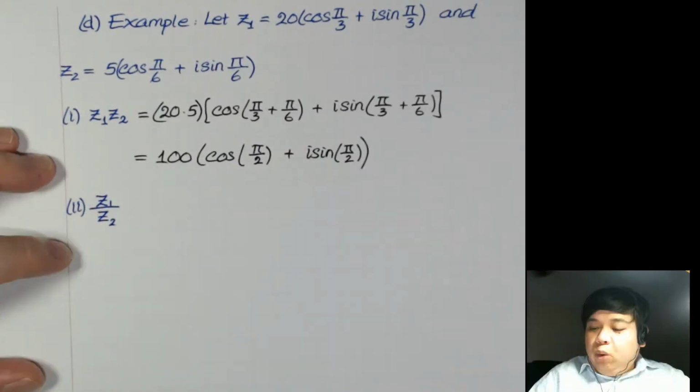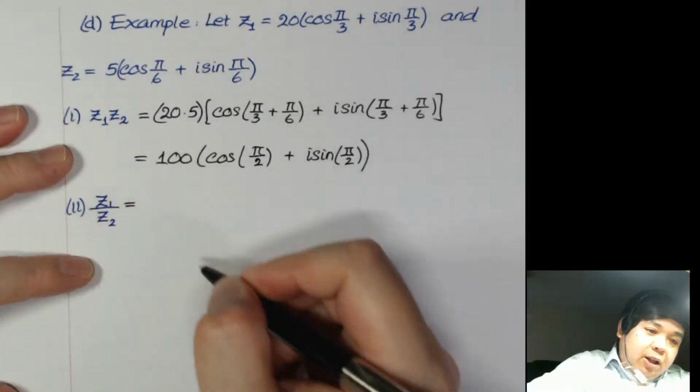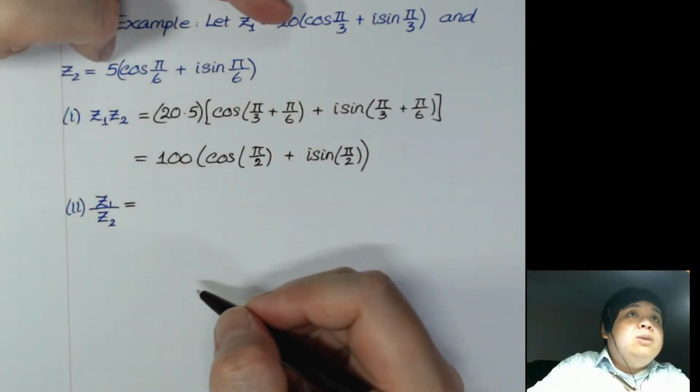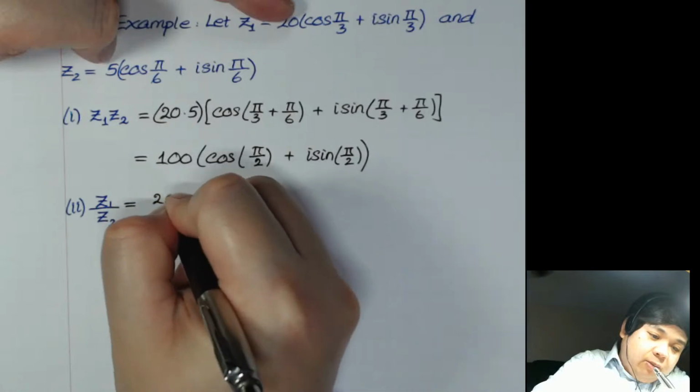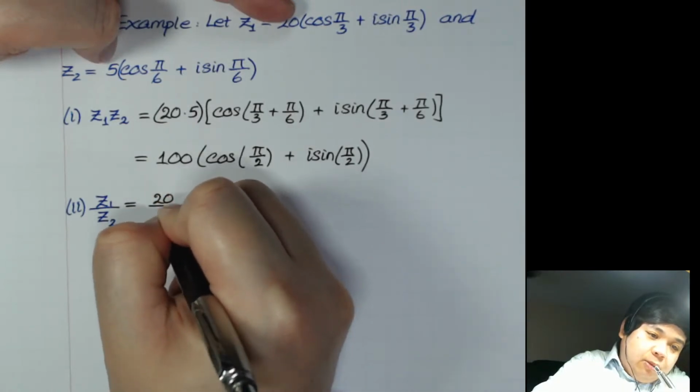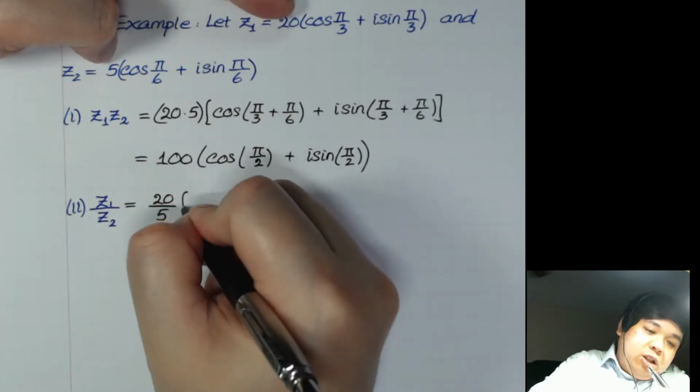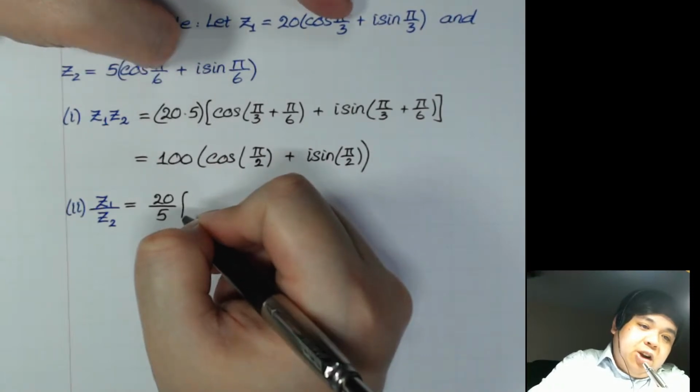And then when we divide, the modulo 20 divided by 5, and then we subtract the arguments.